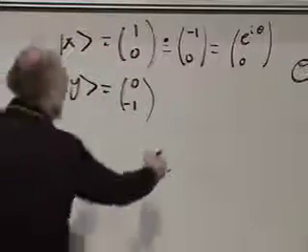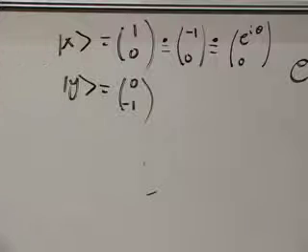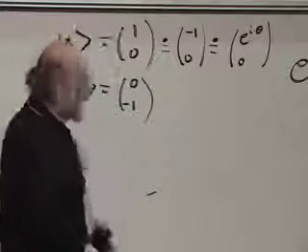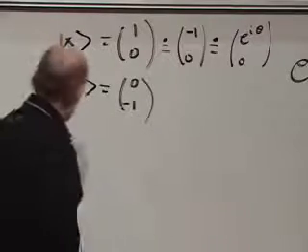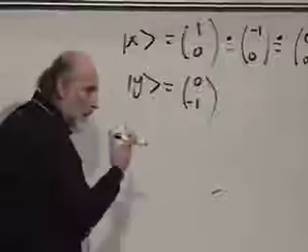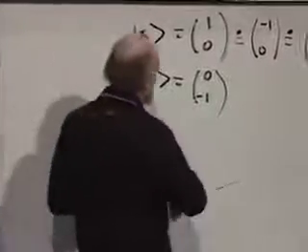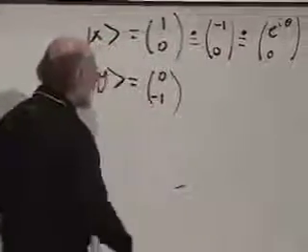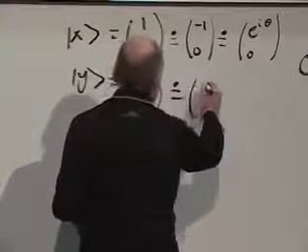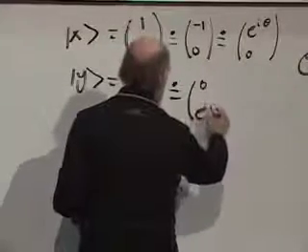They all have the same physical meaning as a state in which the polarization lies in the horizontal direction. Same thing with the polarization lying in the vertical direction. We can multiply by minus 1 or anything else. 0, e to the i theta.